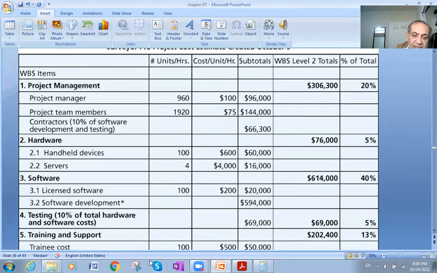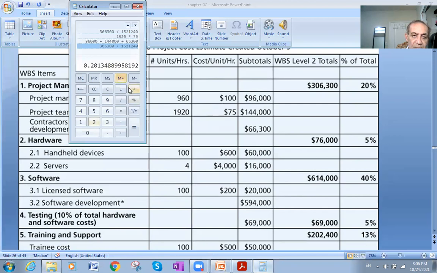So 100 times 600 will give me a total of 60,000. Same thing down here, 4 by 4,000 will give me 16,000.